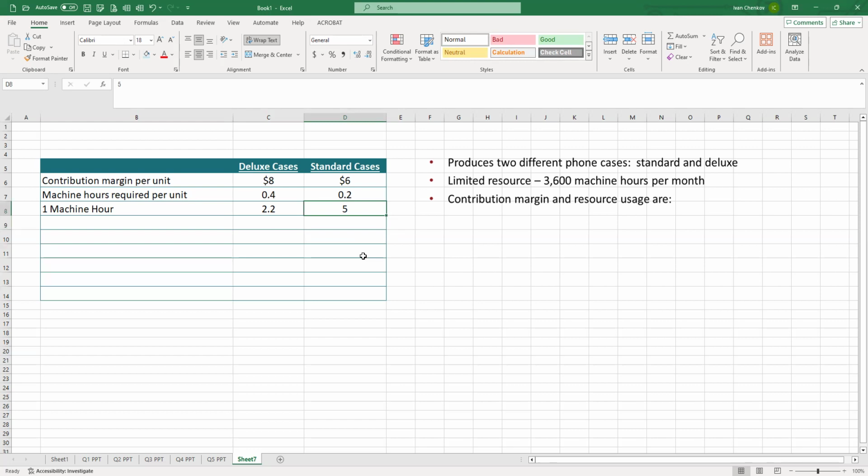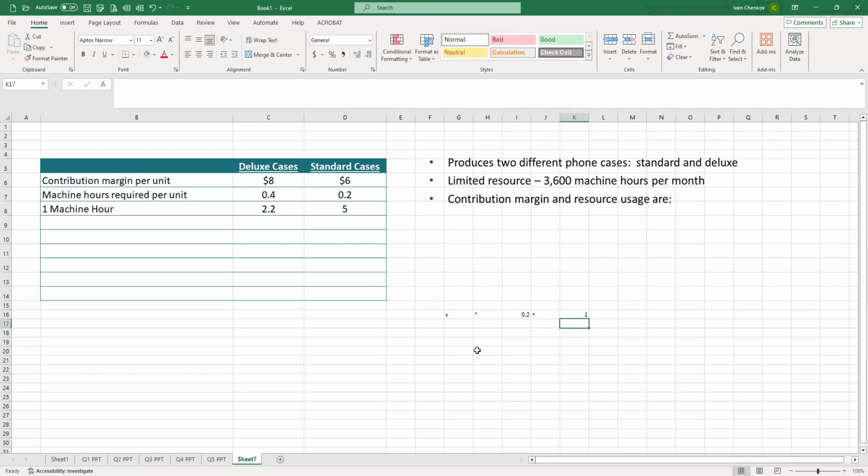So I have 1 hour, right? I have 1 hour to utilize. And so the calculation will be x times 0.2 should be equal to 1 hour.